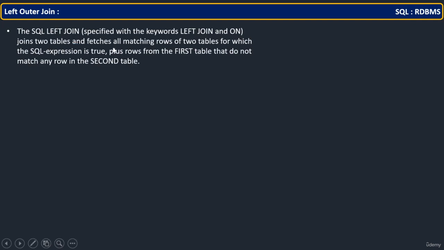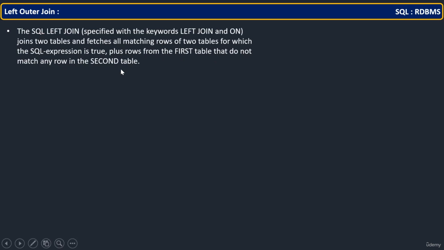Normally it fetches all matching rows of two tables for which the SQL expression is true. That means we are putting a condition, and the rows which are satisfying the condition all come in the output. That is obviously one thing. Plus, along with that, the rows from the first table that do not satisfy any row in the second table.